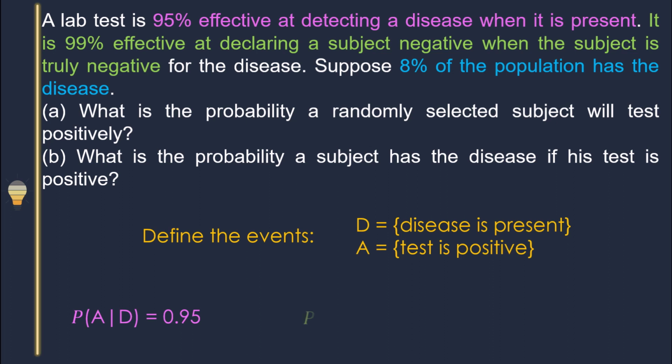Now we can write this probability of A complement given D complement, that is 0.99. Then the last part, suppose 8% of the population has the disease. We know disease is present is the event D, so probability of D equals 0.08.